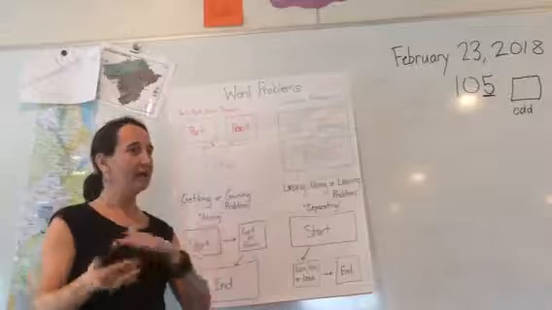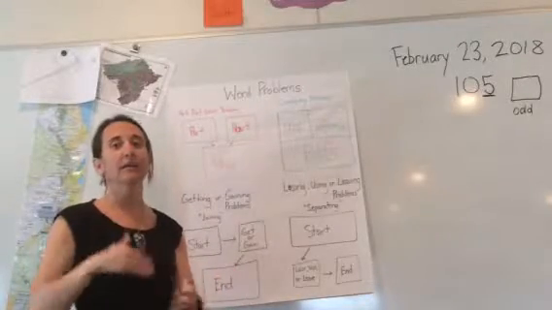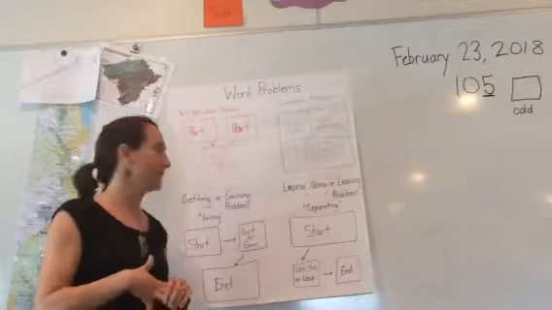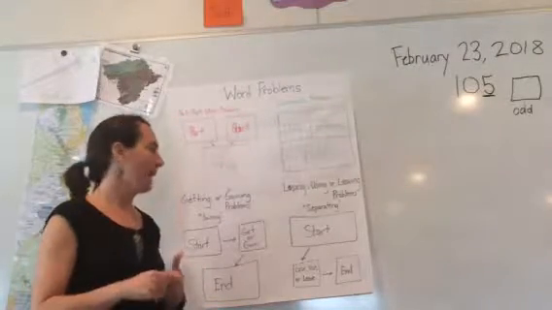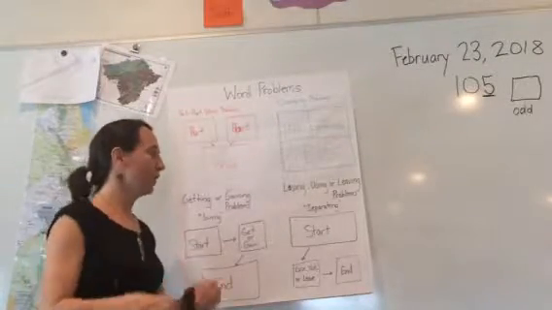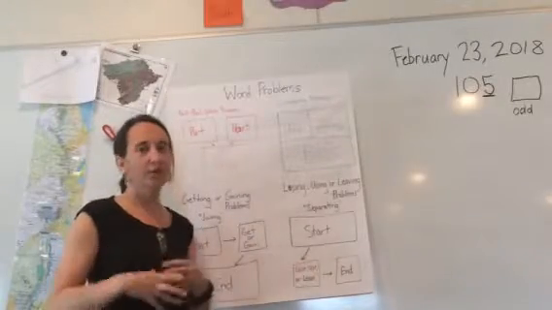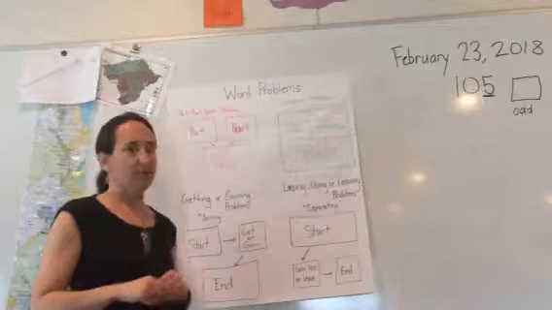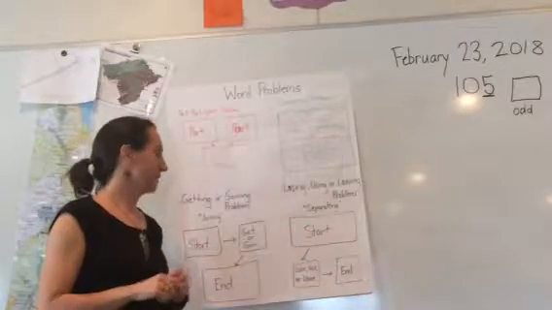Now, of course, adding and subtracting are related, and you can always count up even when you're subtracting. But it's the idea that when you're looking for a smaller piece, you're going to end up with a smaller number than your bigger piece.